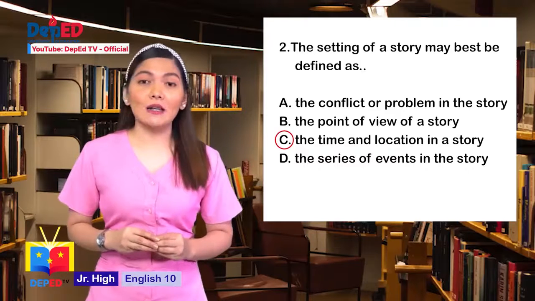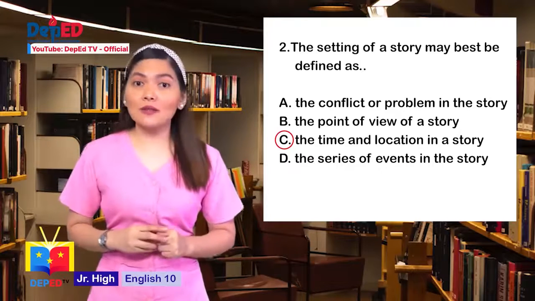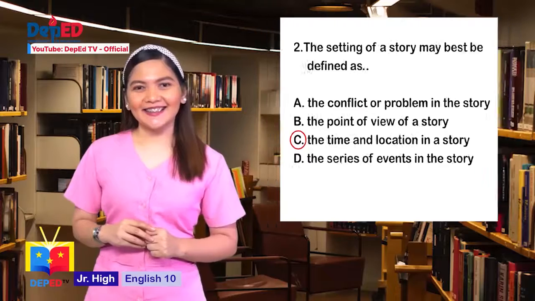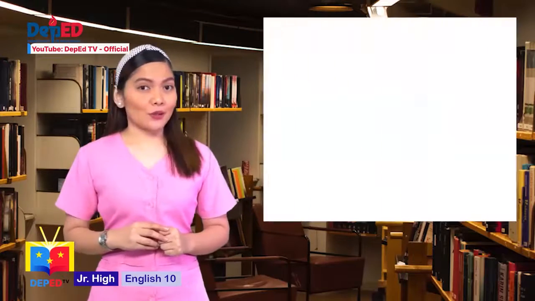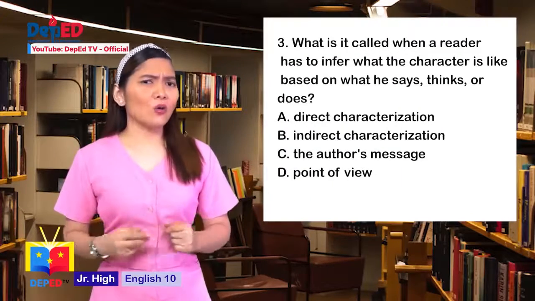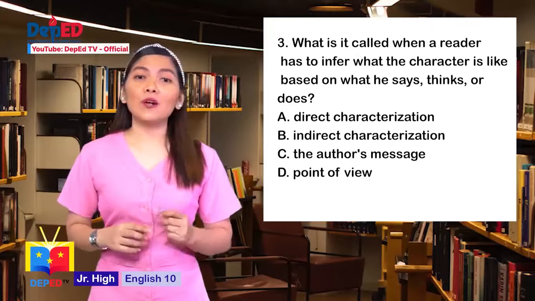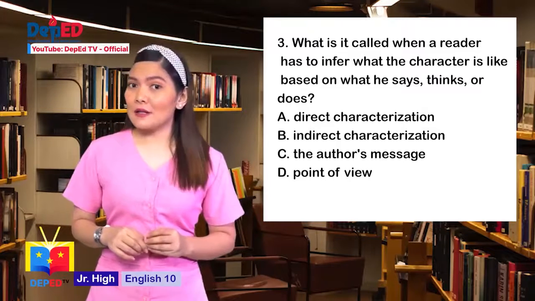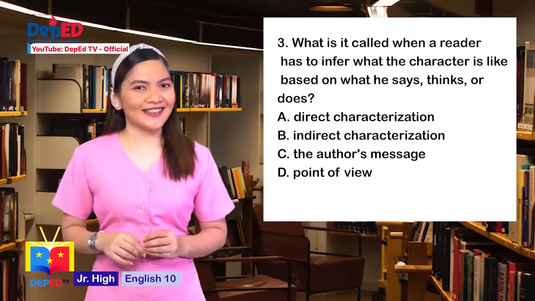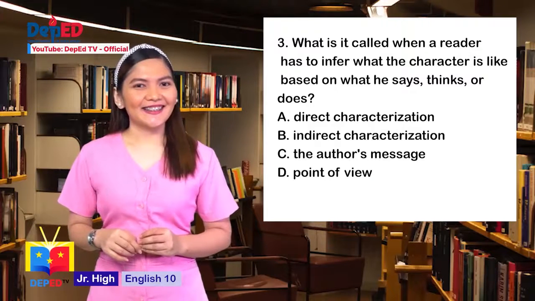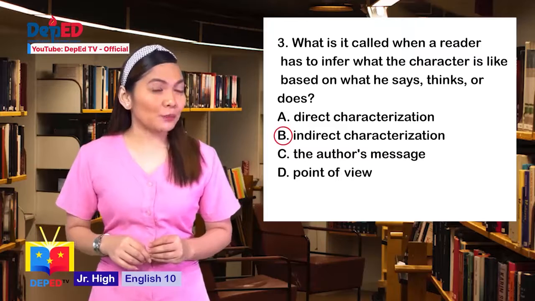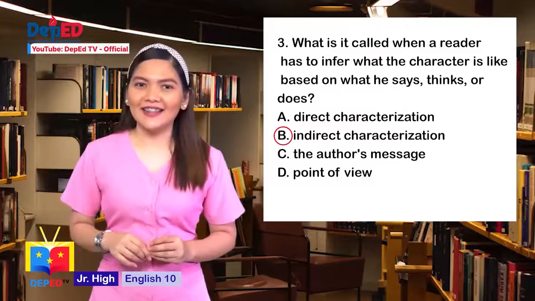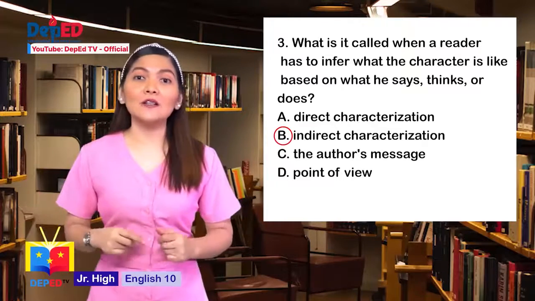That's letter C, the time and location in a story. Number 3. What is it called when a reader has to infer what the character is like based on what he says, thinks, or does? If you answered B, you're right. It is indirect characterization.